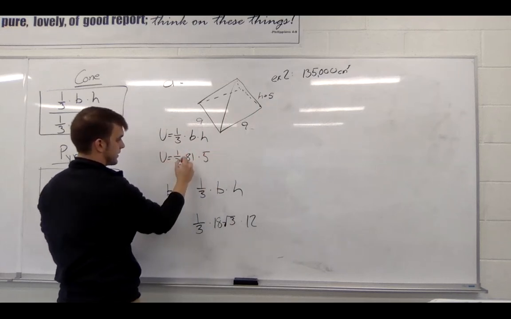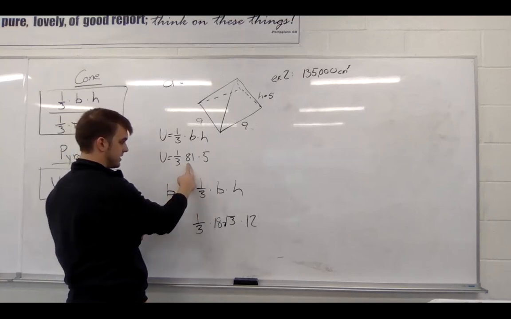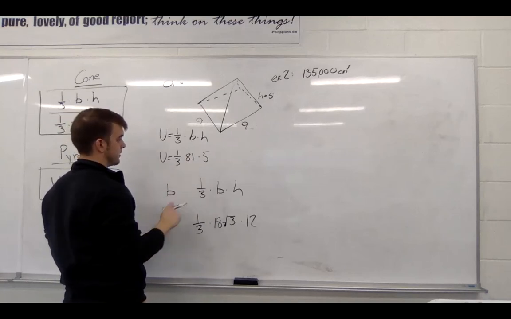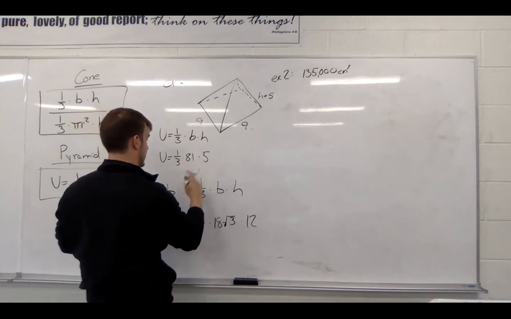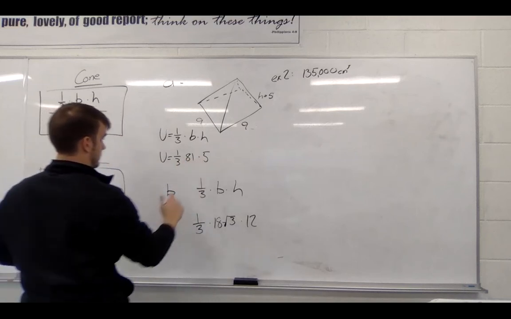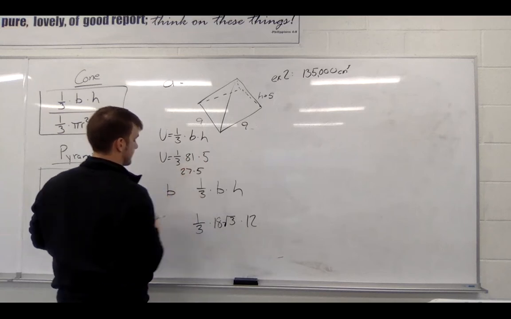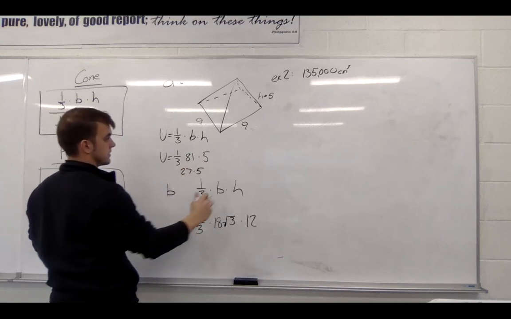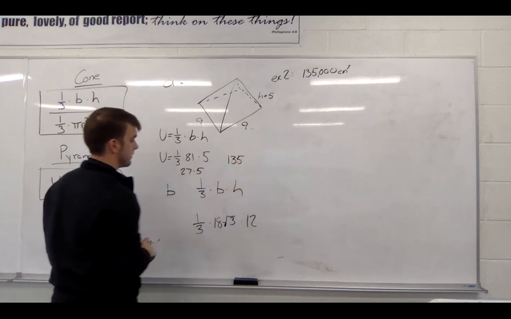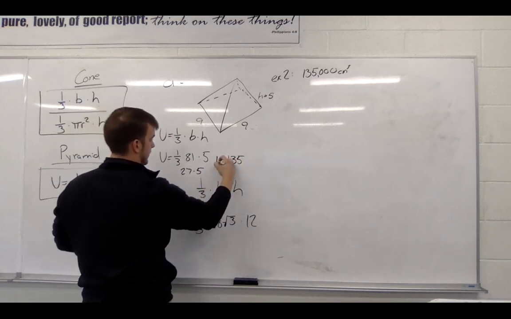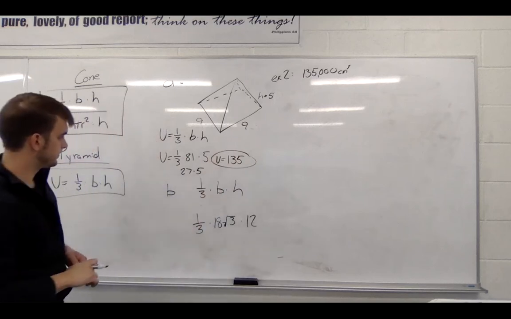Volume is equal to 1/3 times 81 times 5. 1/3 times 81 is the same thing as 81 divided by 3. 81 divided by 3 is 27. So 27 times 5, and that equals 135 for that. So the volume is equal to 135 for this one.